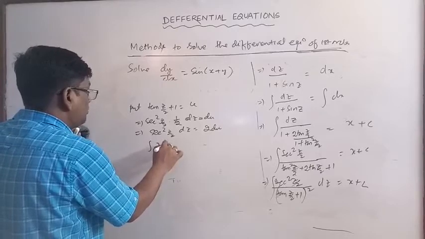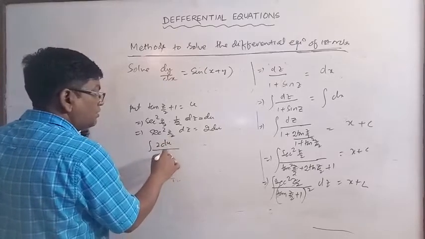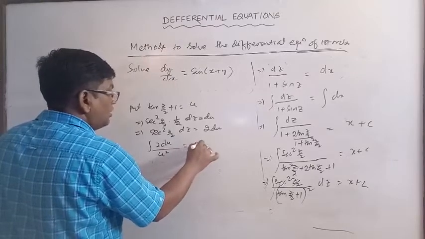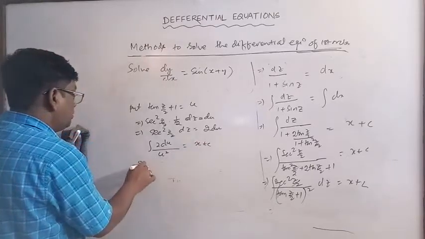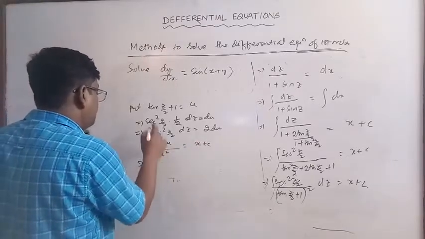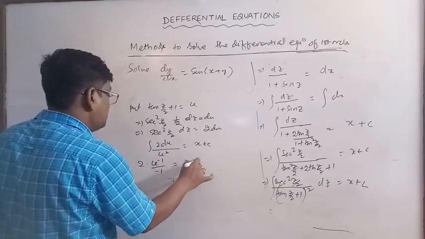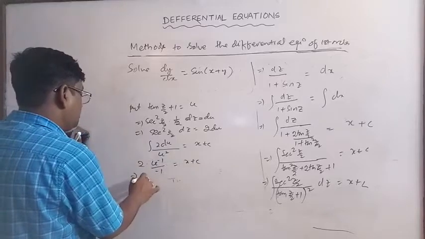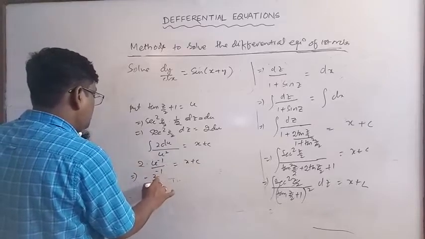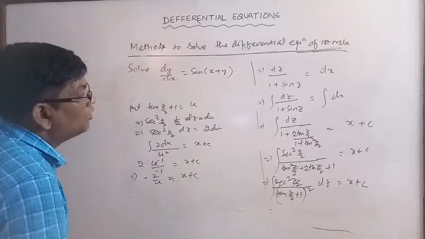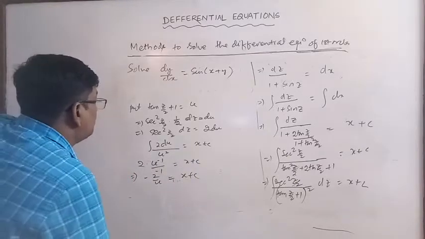Integration of 2 into du by u square is equal to x plus c. The 2 into u to the power minus 1, u to the power minus 1 by minus 1 is equal to x plus c. So minus 2 by u is equal to x plus c. What is u? u means tan z by 2.